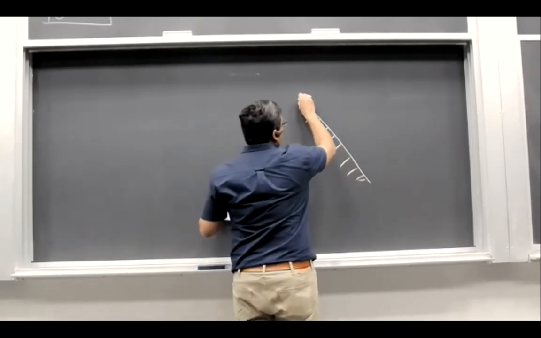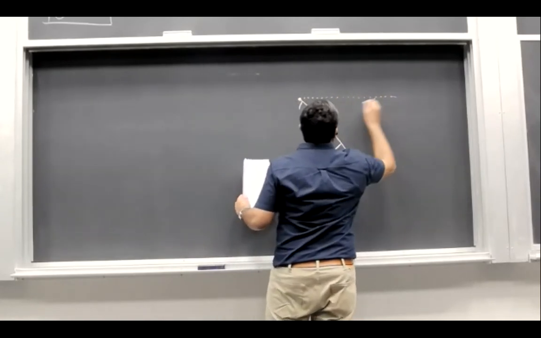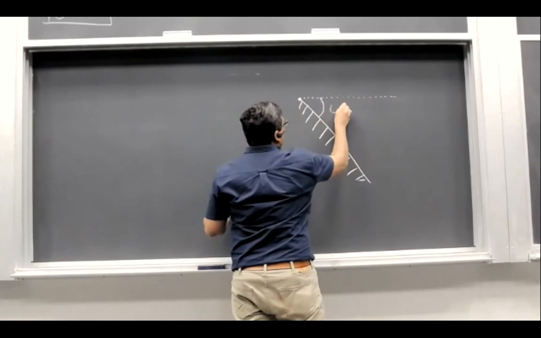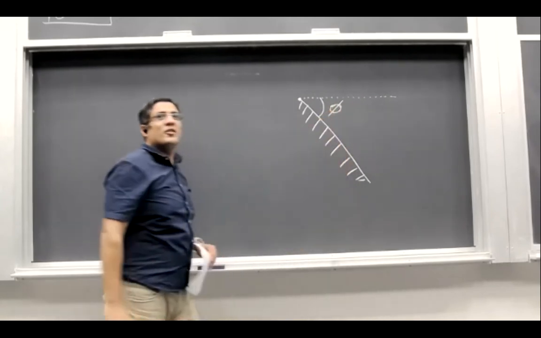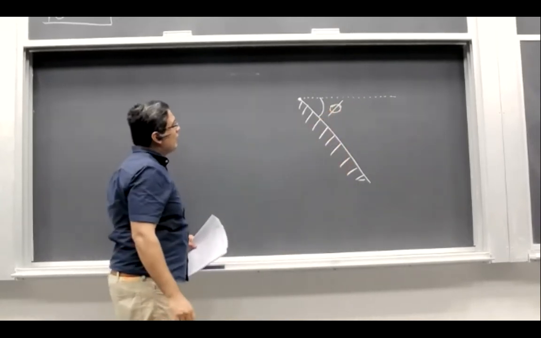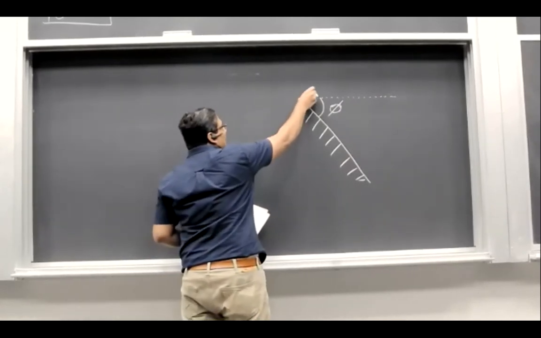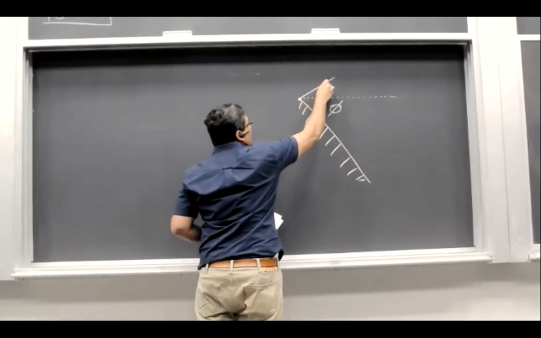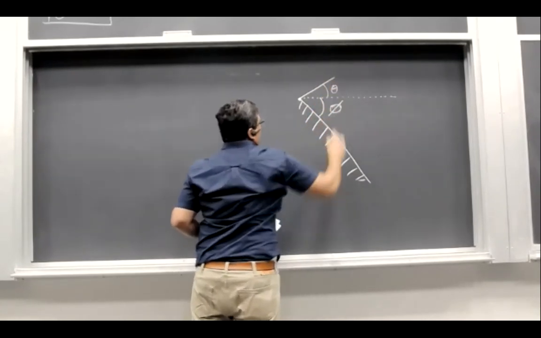and it makes an angle phi with respect to a hypothetical horizontal line, if you like. Okay, but we are throwing the projectile still at an angle theta with respect to the horizontal line.